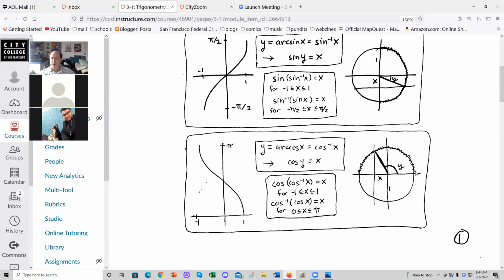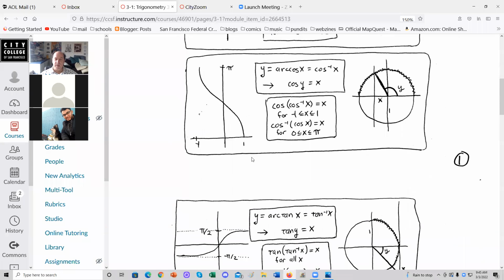The upper half is y between 0 radians and pi radians here. So here's the graph of it. Again, this looks like a cosine graph marching up the y-axis, but we just chop off this piece of it for the graph of arc cosine.